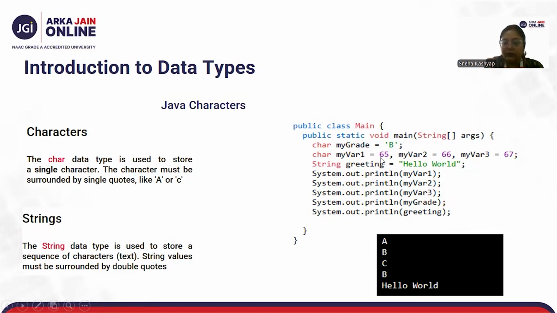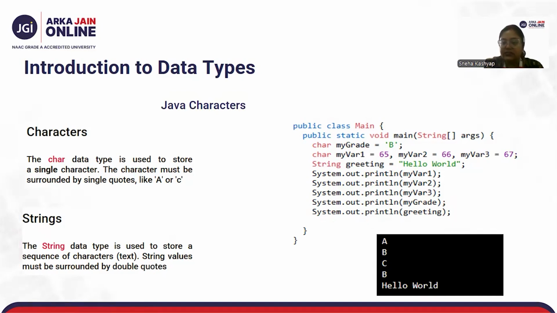Here it will read this 65 as an ASCII code, and it will represent its alternative value. If we look into the ASCII codes, 65 is denoted by the capital alphabet A, right? My variable 2 is assigned the value 66, and my variable 3 is initialized with the value 67.